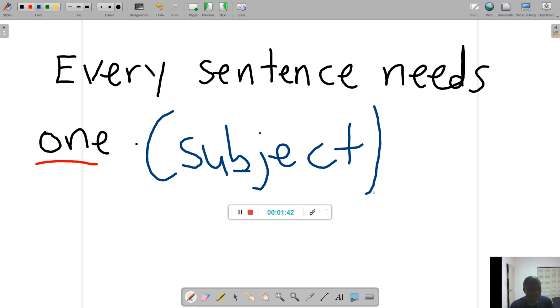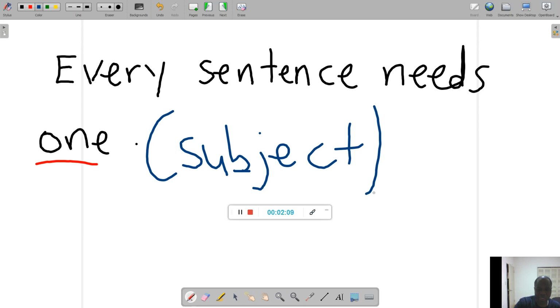From word, we move to sentence. From alphabet, we make words. From words, we put words together to form a sentence, which has meaning. If we are talking about word, we say every word has a vowel. Here we are saying every sentence needs a subject.